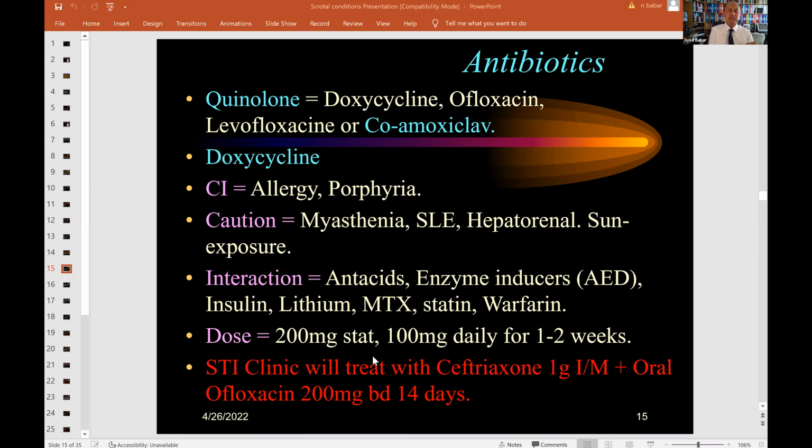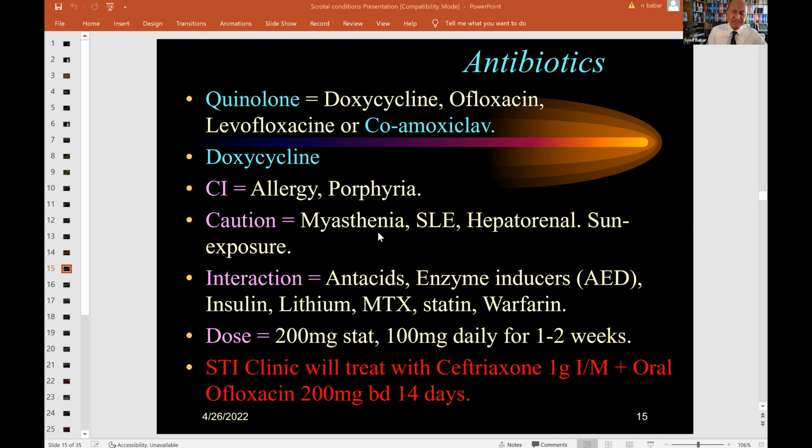So the antibiotic most commonly used in the primary care of the NHS is doxycycline. However, they all act in a similar fashion with slight change in their interaction. Doxycycline is contraindicated in allergy or porphyria.